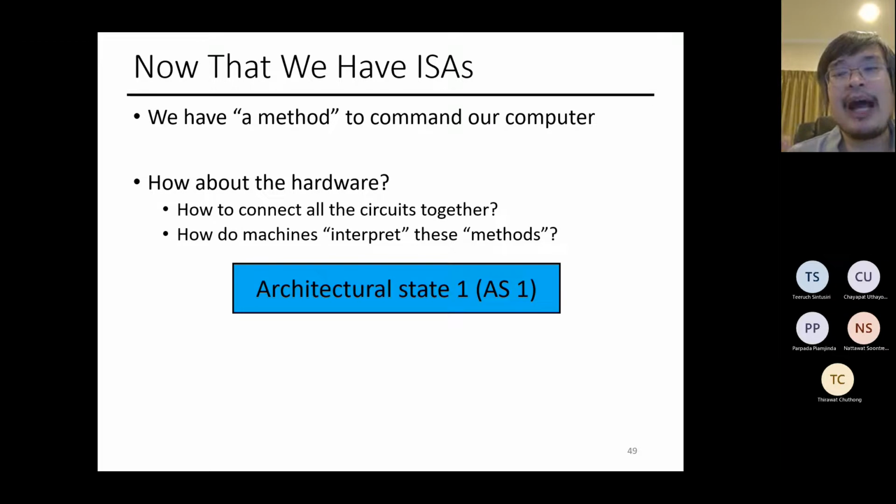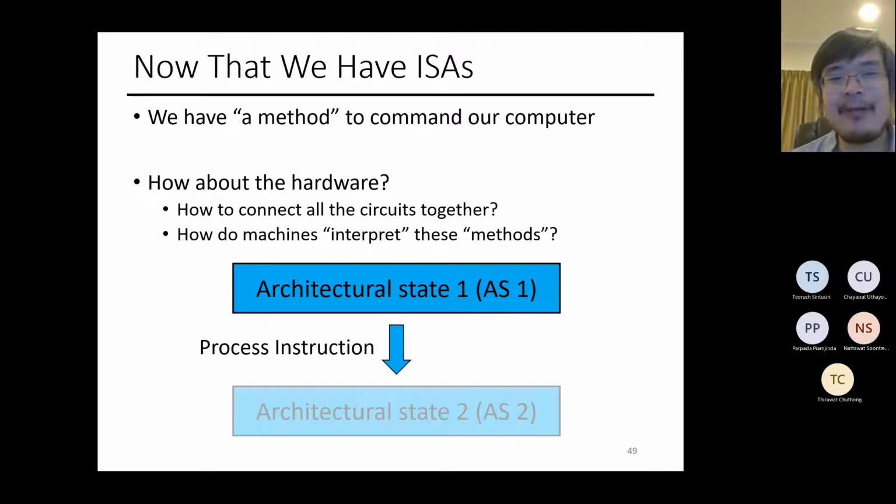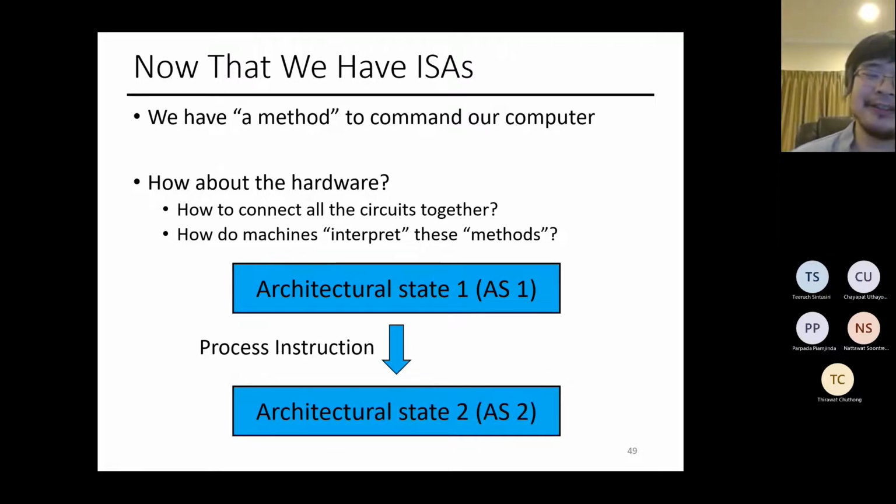So let's say you start with architectural state 1, AS1. You run one line of assembly. What happened? Basically, the assembly that you write changes the state from AS1 to AS2. That's all.